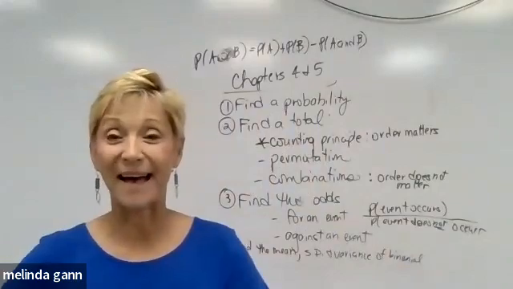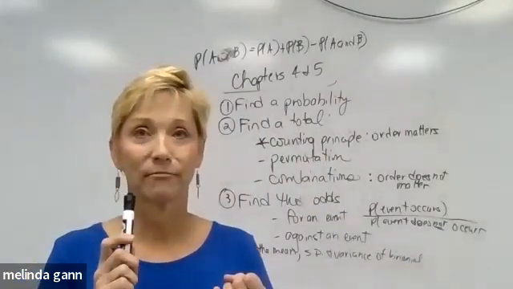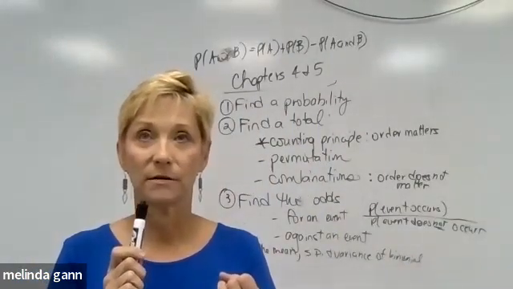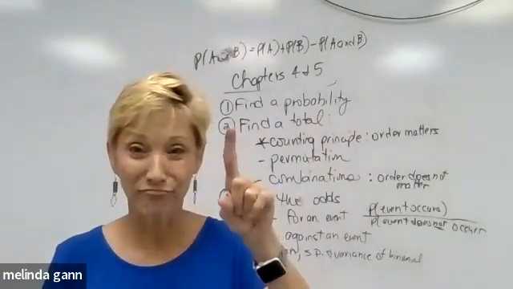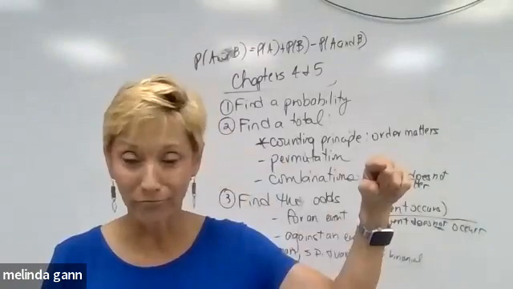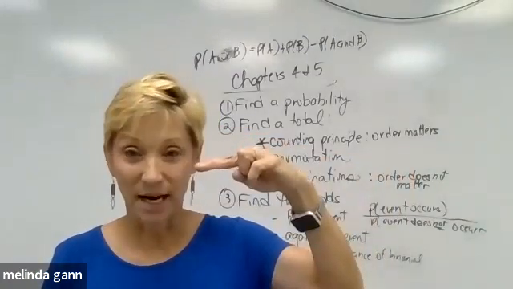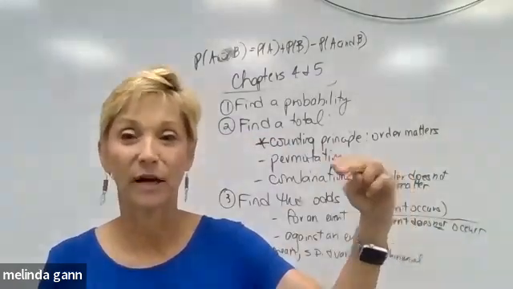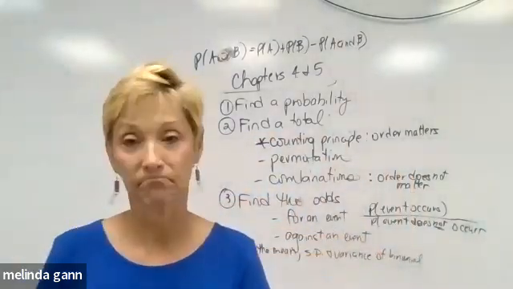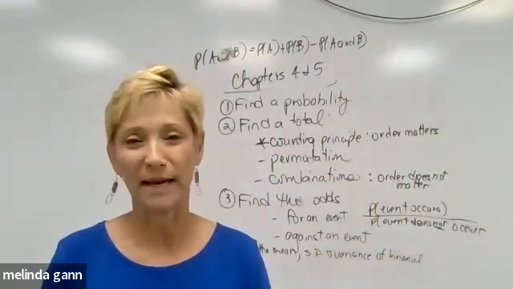So if I ask you to find standard deviation, mean, or variance, it's either got to be a list of numbers, that's chapter 3, or it's got to be a frequency table. All right, it tells you how to do that in chapter 3, or it's got to be a binomial problem. Okay, so I don't think there's any way to get that confused.